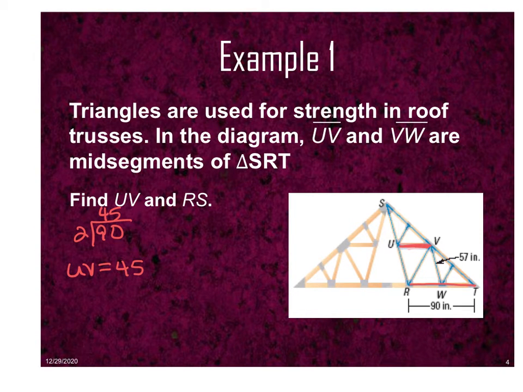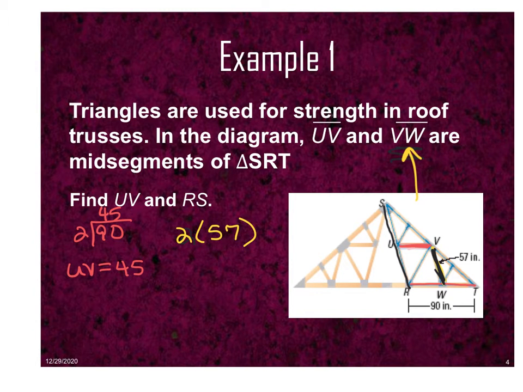For RS, it's over here. And I can see that the midsegment VW is right here, outlined in black. So I know that these are parallel, and I know that the length of VW is half of the length of SR, but in this case, what we can do is 2 times 57 to get the length of RS.